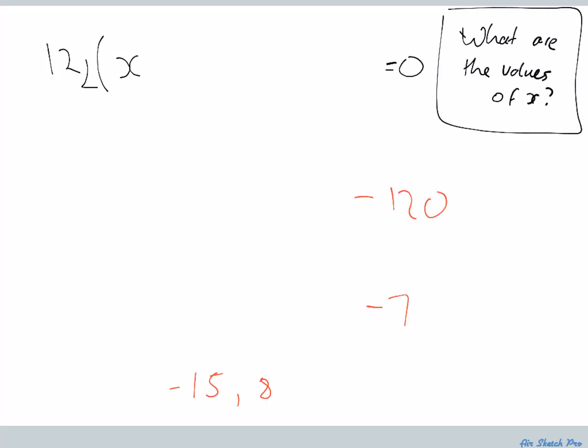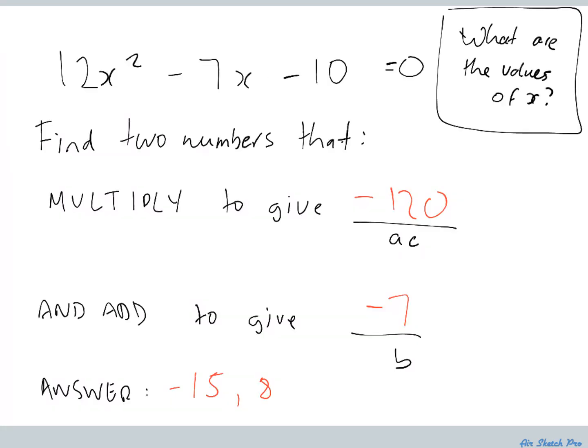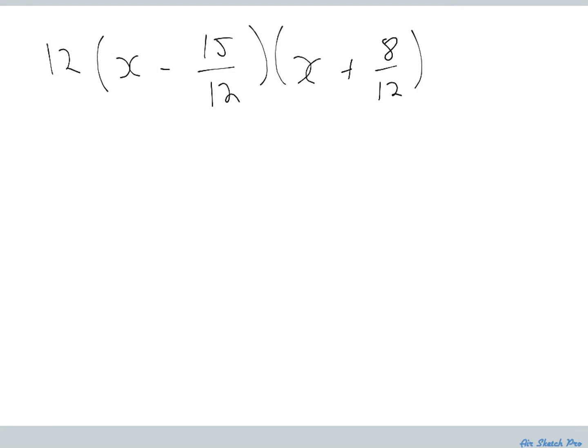So that means that my factorised form would be 12 outside, of x minus 15 over 12, x plus 8 over 12, equals 0.